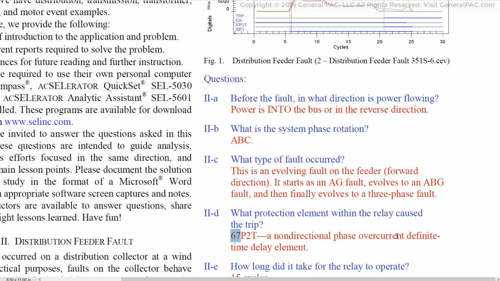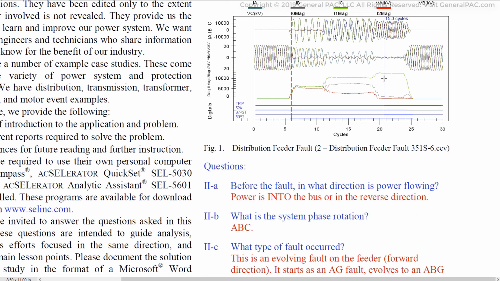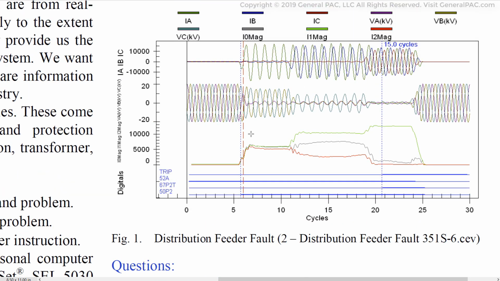And it's interesting to note that this is a definite time delay, right? A definite time delay is an element that has to wait a certain amount of time before tripping action can occur, and it appears from how long the relay actually waited that the time delay is 15 cycles.